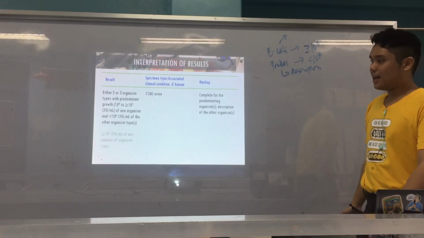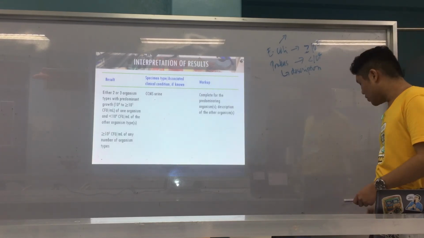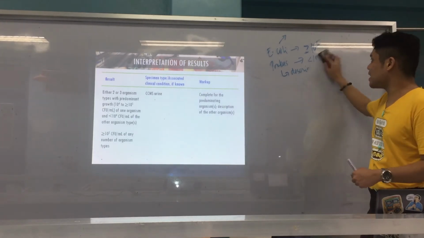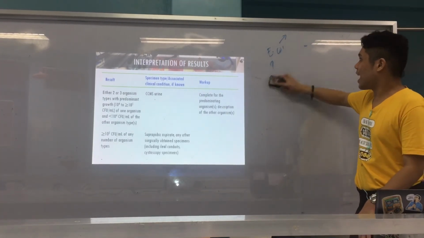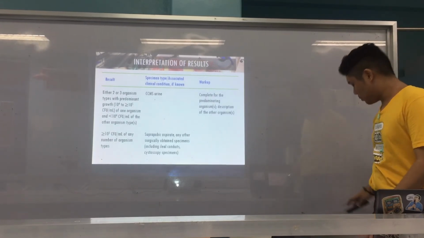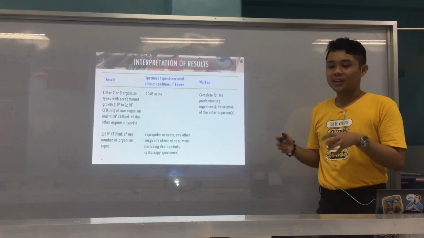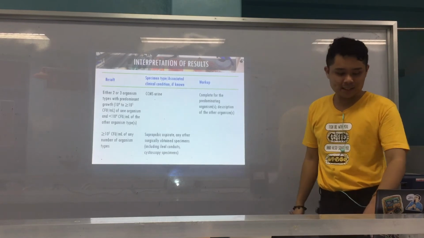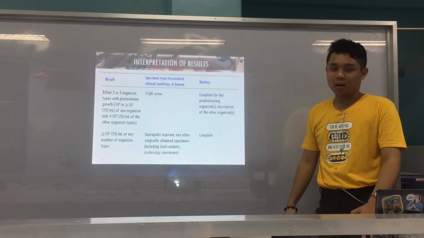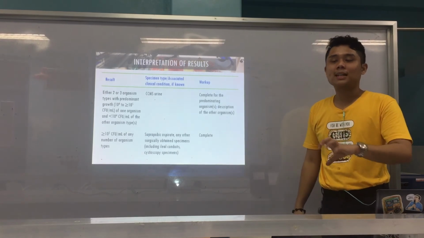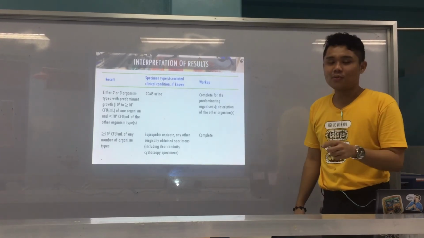And greater than or equal to 10 to the 2nd of any number of organism types, where the specimen is suprapubic or any surgically obtained specimen, because we're expecting that these are sterile specimens. Even if the count is small, whatever organism it is, you do a complete workup. Why? Because we are assuming that it is the cause of the disease.